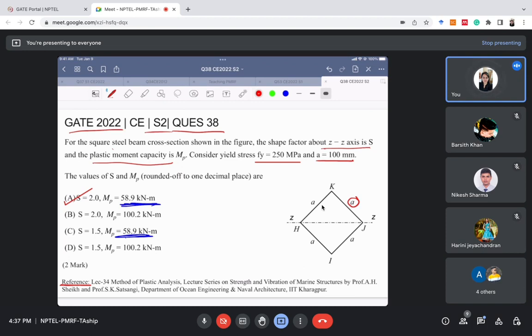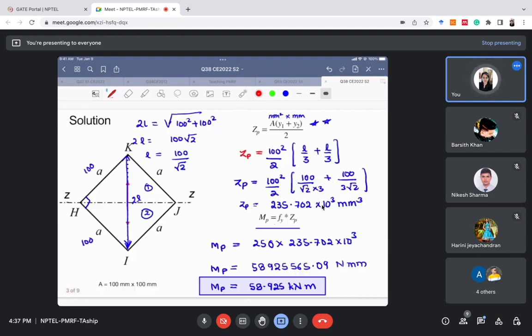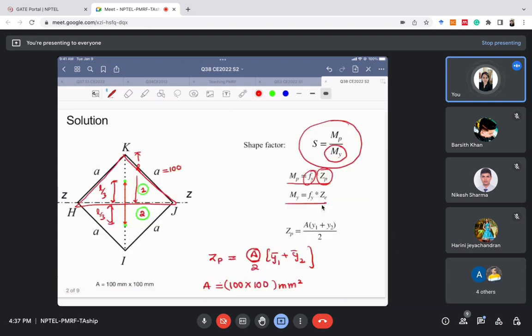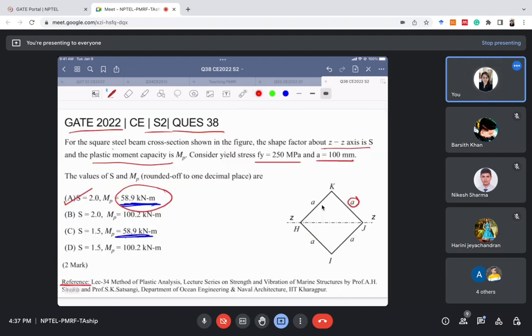If you know that for a diamond section, this is called a diamond section, the value of shape factor is 2, because it's a standard value for any diamond section, then you need to solve just half of the problem. You got the value of plastic moment capacity as 58.925, and you already know that for a diamond section the value of shape factor is 2.